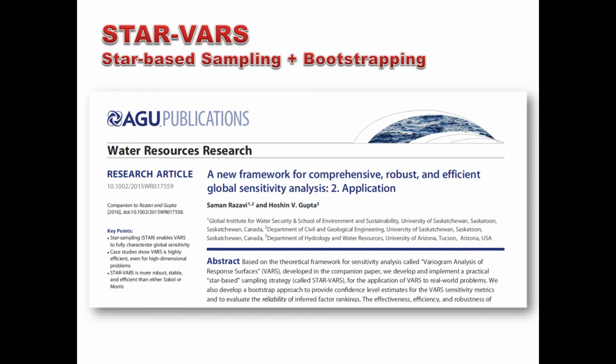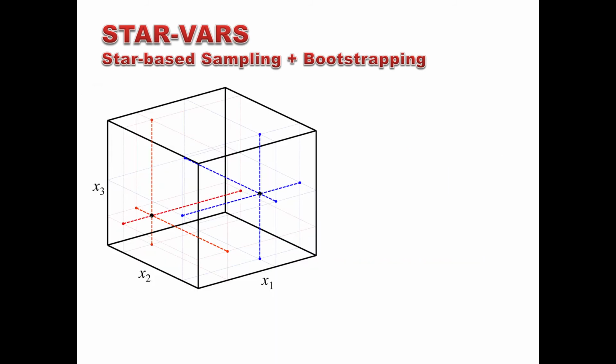Suppose I have a three-dimensional parameter space, x1, x2, and x3. So first, we randomly sample star centers. For example, like through Latin Hypercube sampling, I'm taking 2 star centers. And then I take samples structured along the length of these 2 stars.